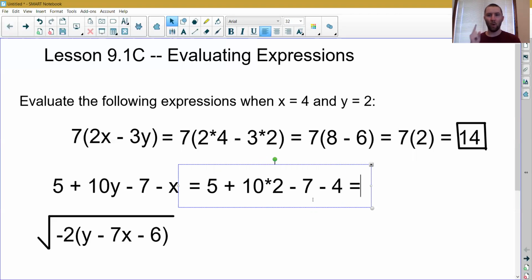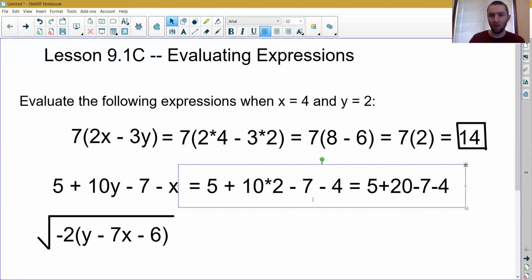I see one addition sign, two subtraction signs, and one multiplication sign. The first thing I'm supposed to do in terms of order of operations is multiply. So it becomes 5 plus 20 minus 7 minus 4.